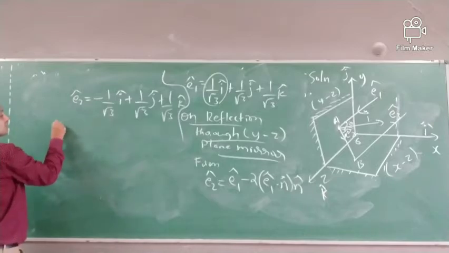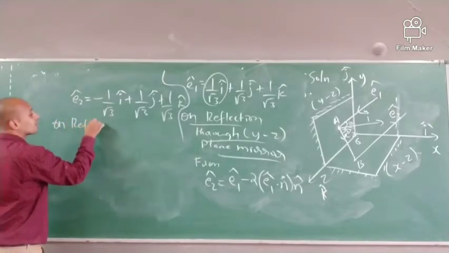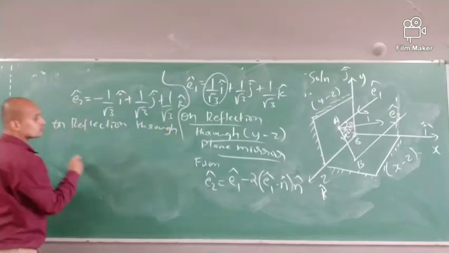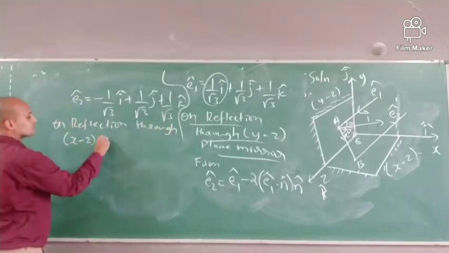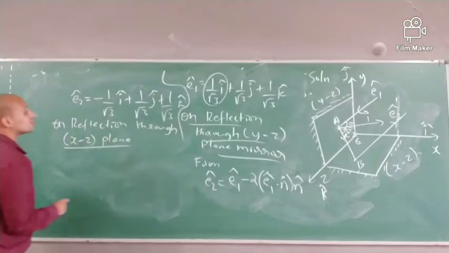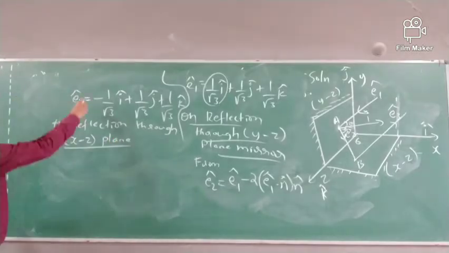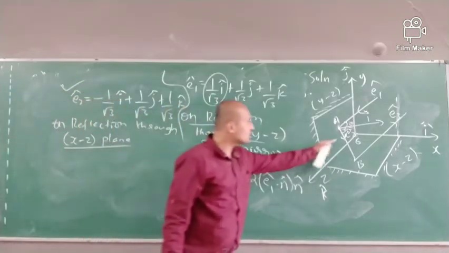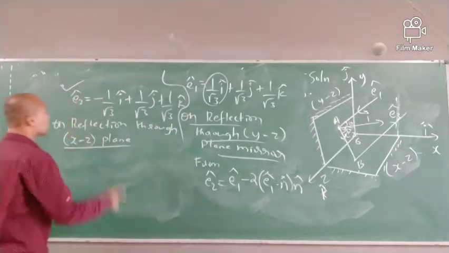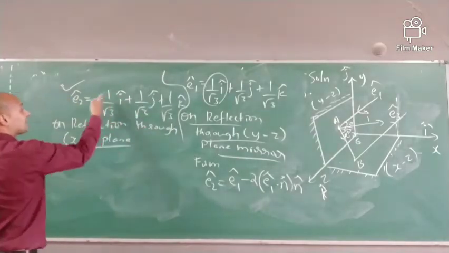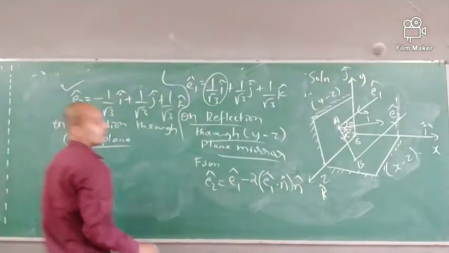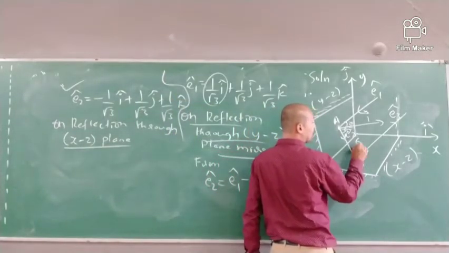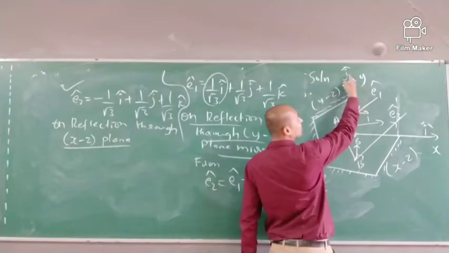Second, on reflection through the XZ plane. In the XZ plane, what is the incident ray? This is the direction of the incident ray. So when this is the direction of the incident ray, minus 1 by 3, see here, if you draw one normal line, this normal line is along J cap.